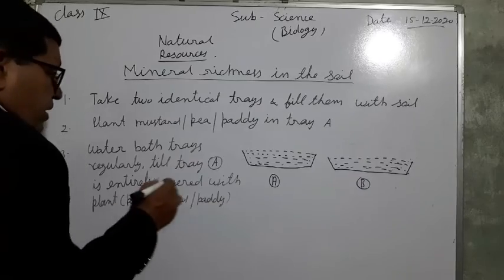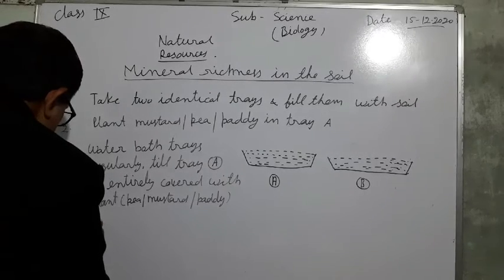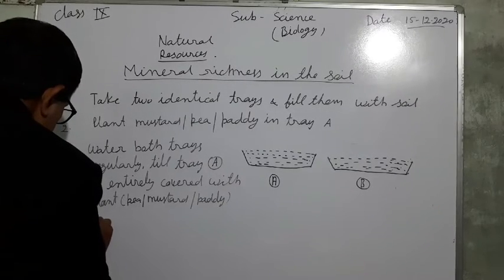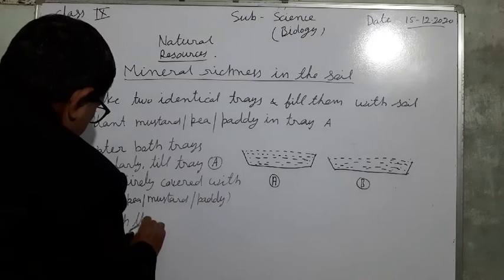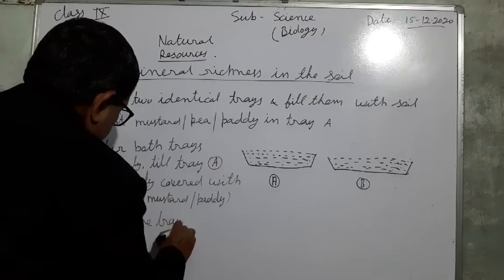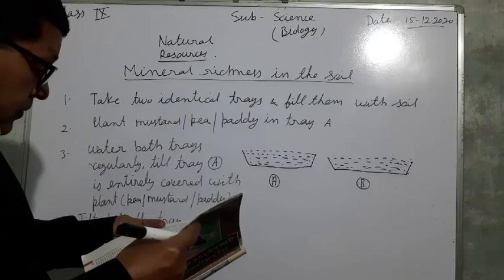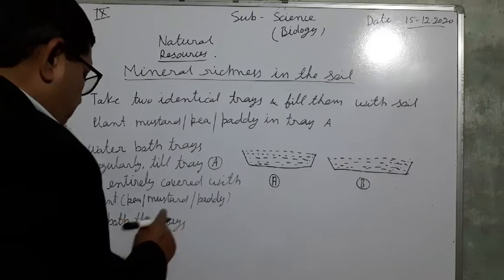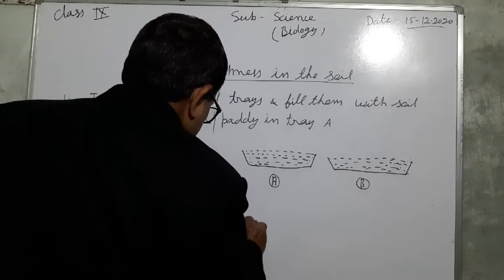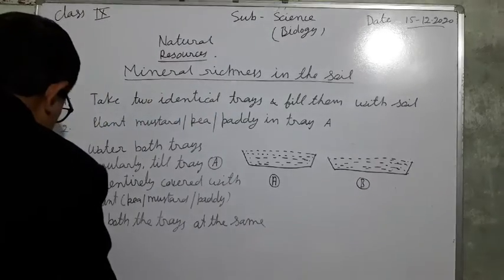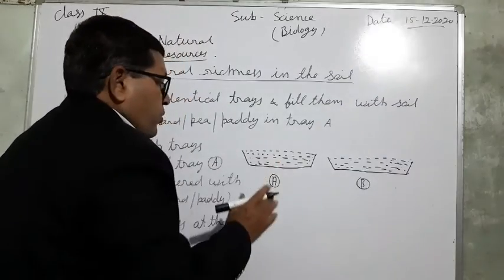Now fourth step, tilt both the trays at the same angle. Here you have to tilt both the trays.